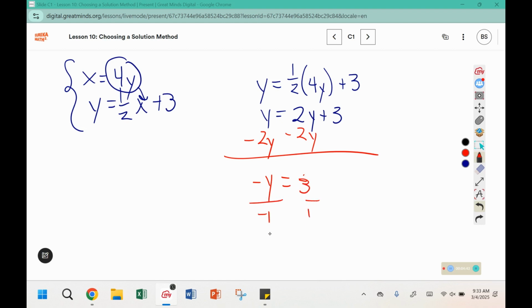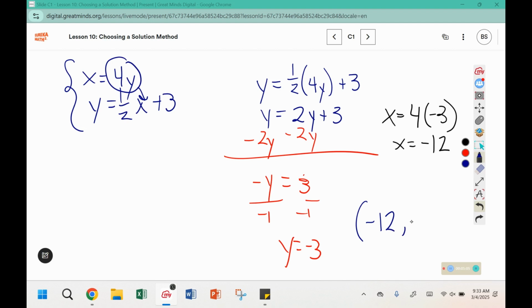Divide by -1. Y equals -3. Then we will plug it back into the original equation to solve it for x. 4 times -3 is -12. And don't forget to write your answer as coordinates. So the x value, then the y value.